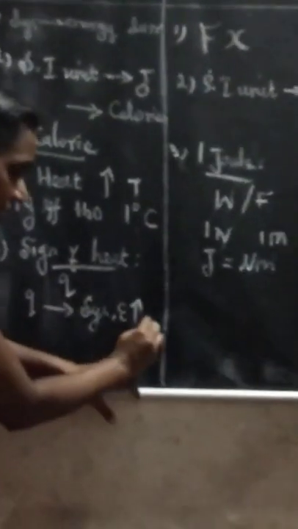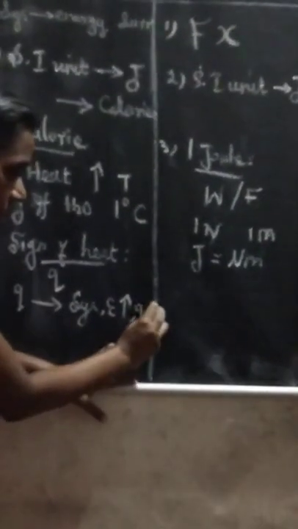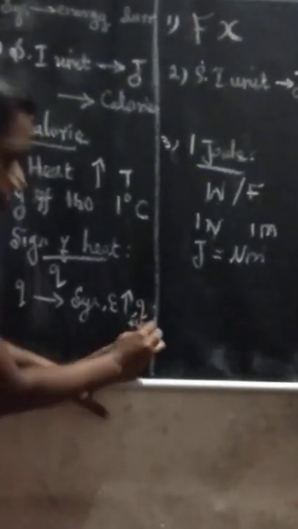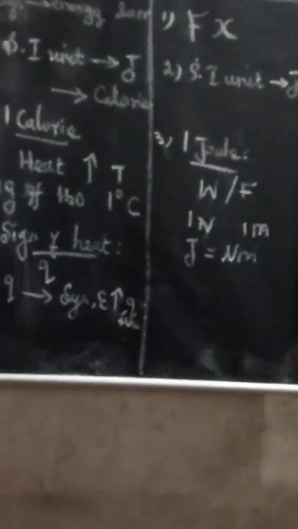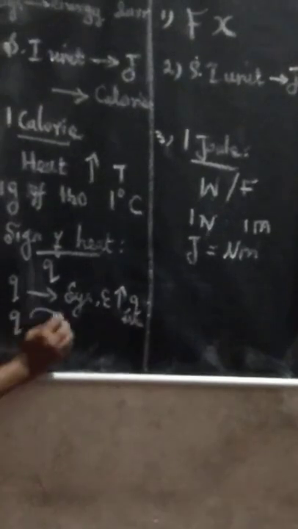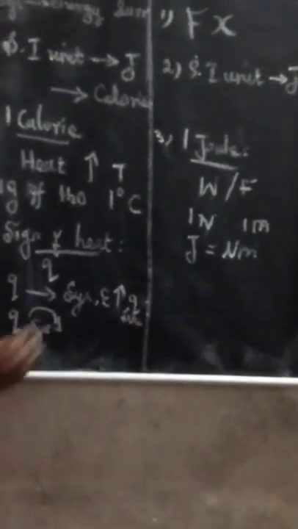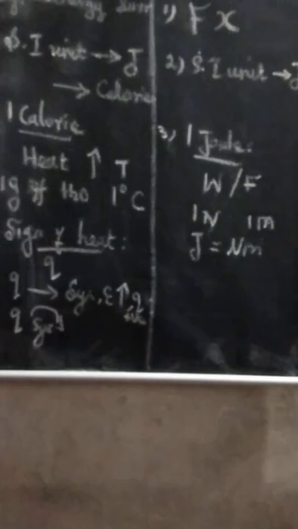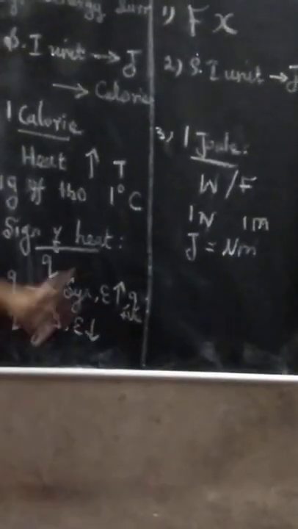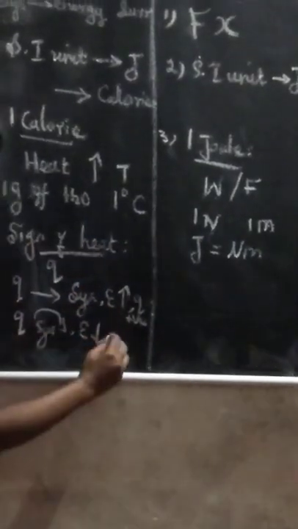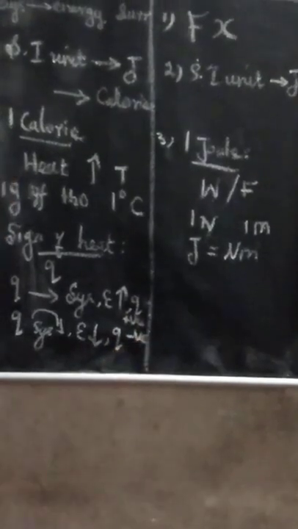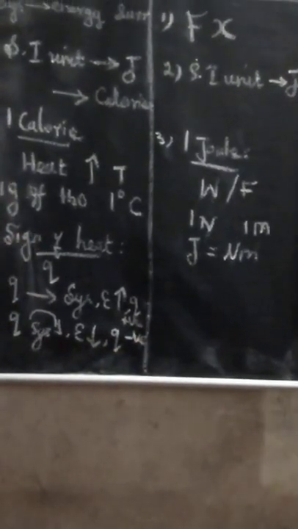If the energy increases, the Q value becomes positive. At the same time, if the heat flows out of the system, the energy of the system decreases. If the energy decreases, Q becomes negative. Understand this?